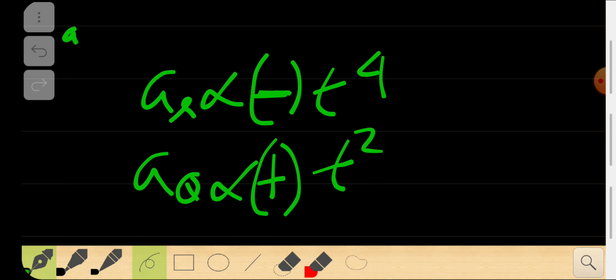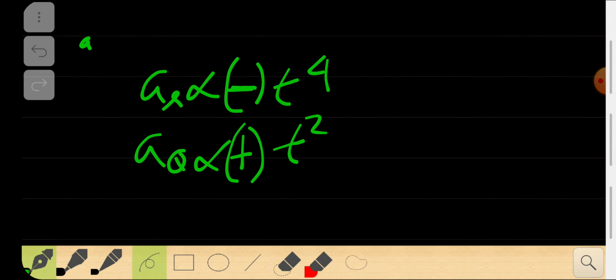So what does this tell us? How is the trajectory going to look? We need to find that out.